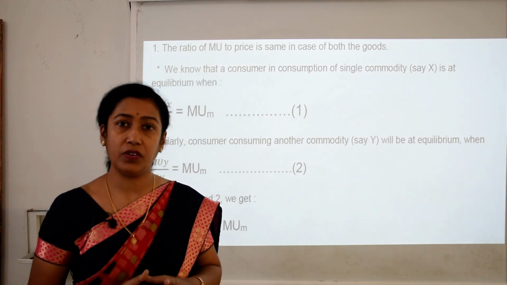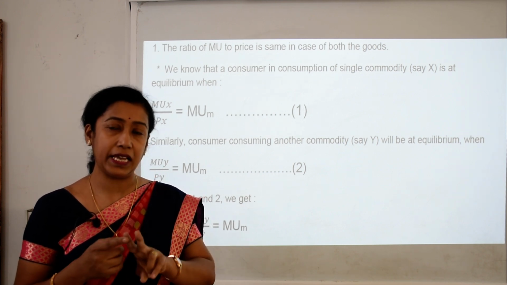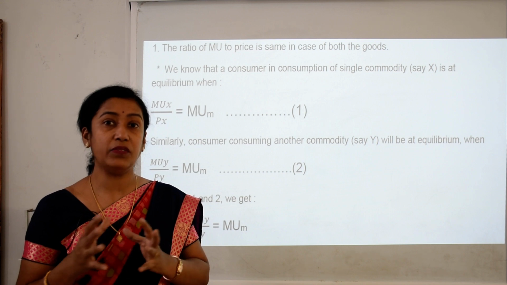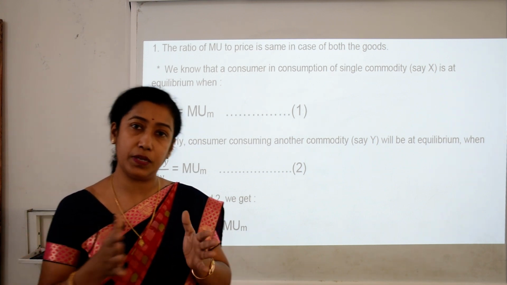That means whatever part of income he spends on the two goods, say X and Y, the utility which he gains from both the goods in comparison to price must be the same.